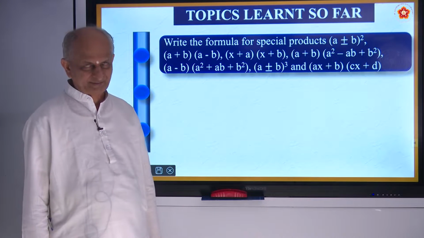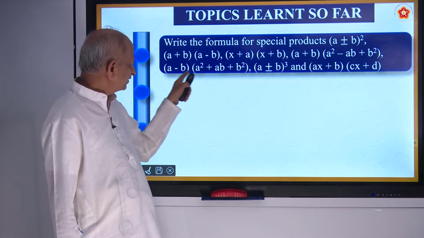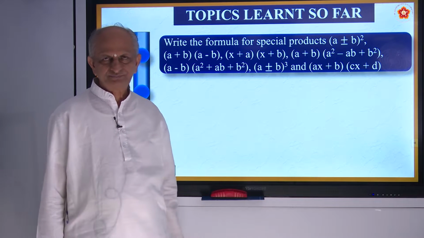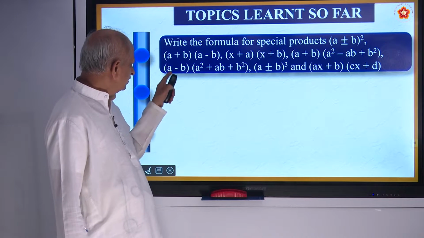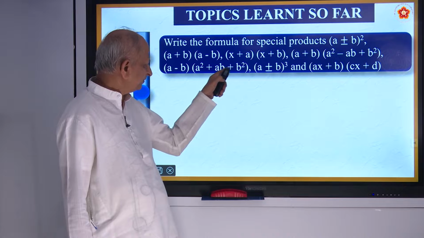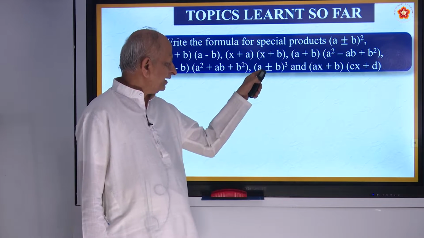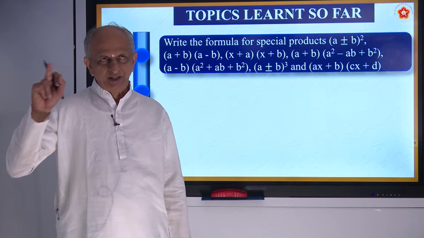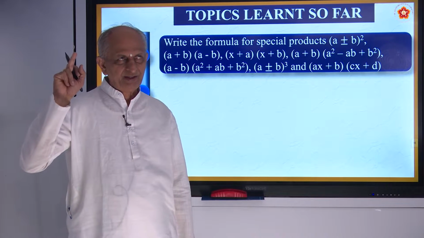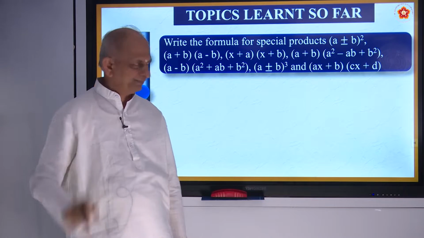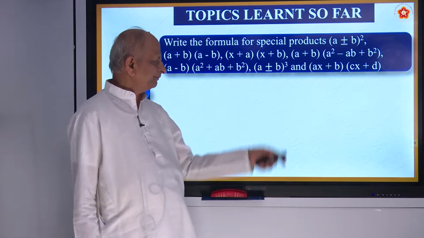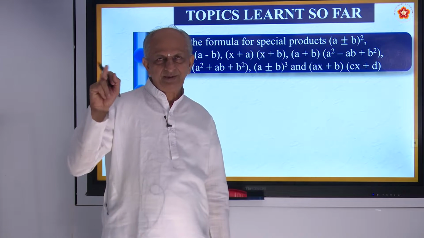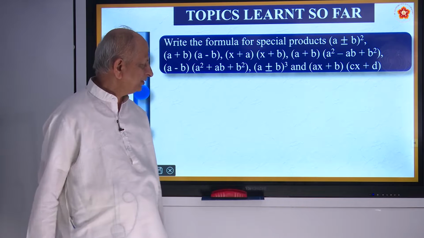And a cube minus b cube is equal to a minus b into a squared plus ab plus b square. And this expansion also we have seen. A plus b whole cube means a cube plus b cube plus 3ab into a plus b. A minus b whole cube is a cube minus b cube minus 3ab into a minus b.